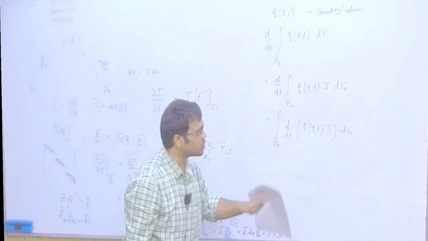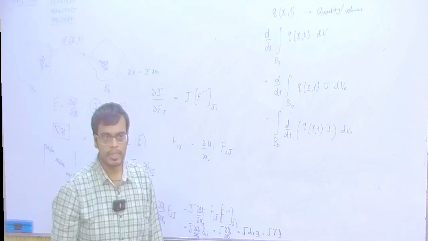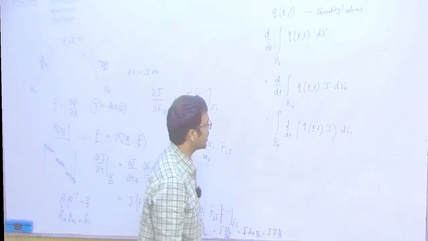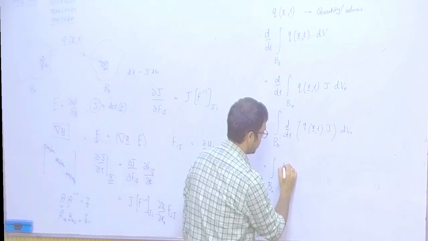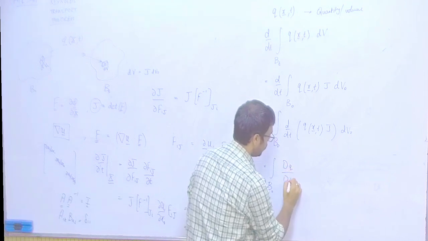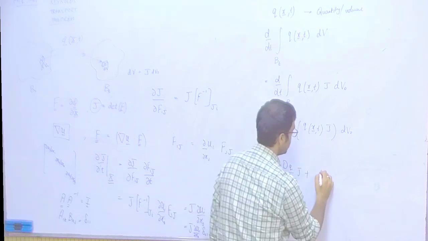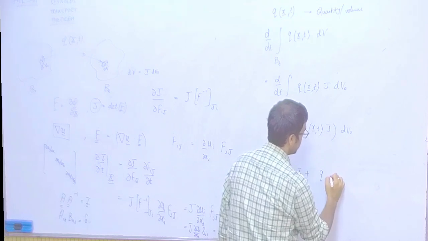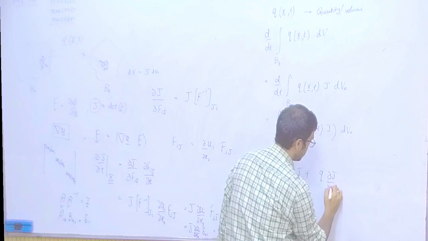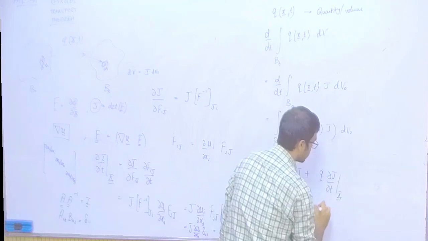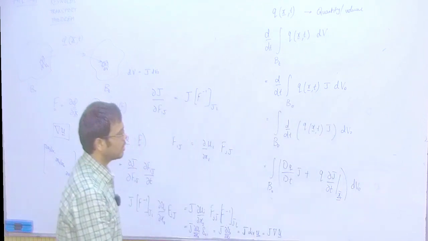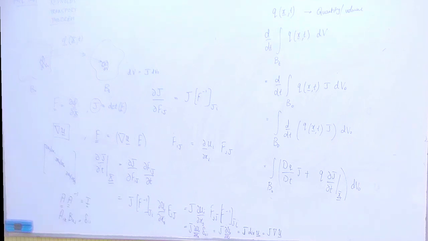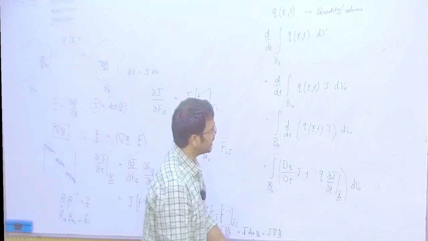So x is also a function of time, do not forget that. So what we are going to get here is simply the integral over B naught of the material derivative of q times J plus q times dJ by dt, which is essentially del J by del t, keeping capital X constant. Capital X is always constant for us. This is what we get when I take that derivative inside.